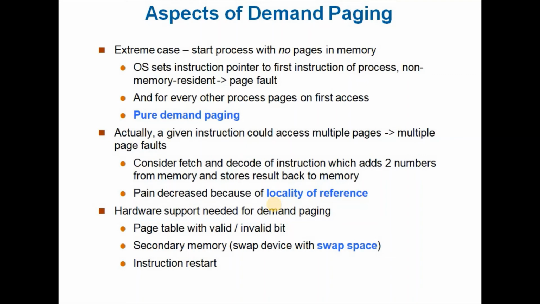Actually, a given instruction could access multiple pages, so multiple page faults may be there. That is a possibility. Whenever a given instruction could access multiple pages, then there is a possibility of multiple page faults. Consider the fetch and decode of an instruction which adds two numbers from memory and stores the result back to memory.